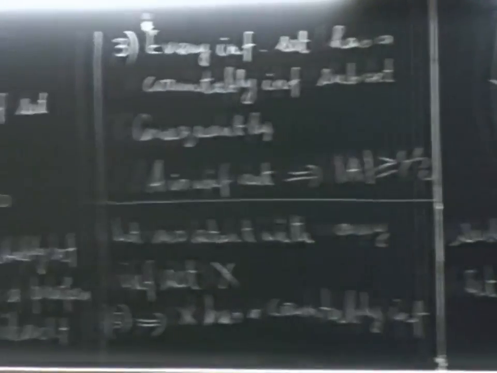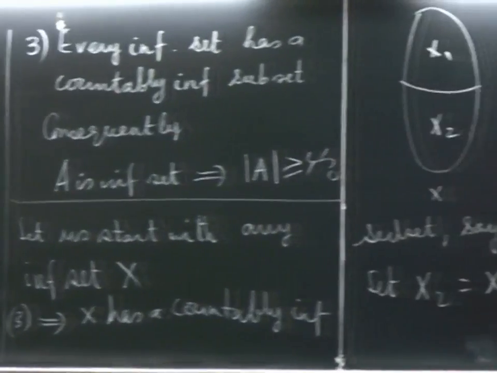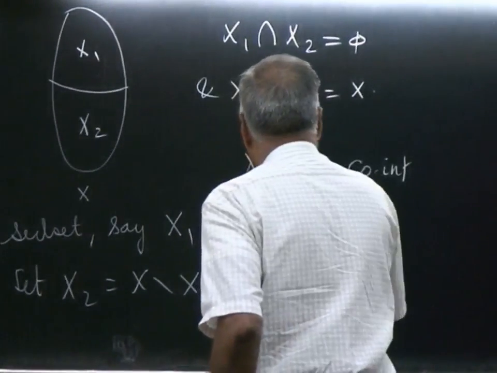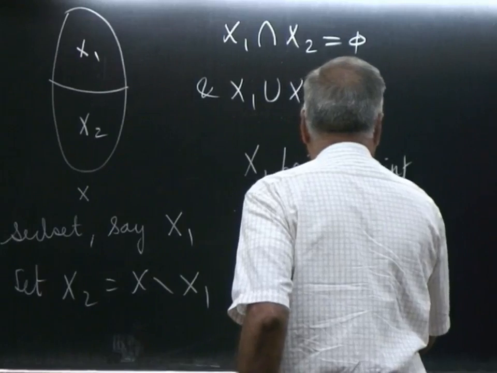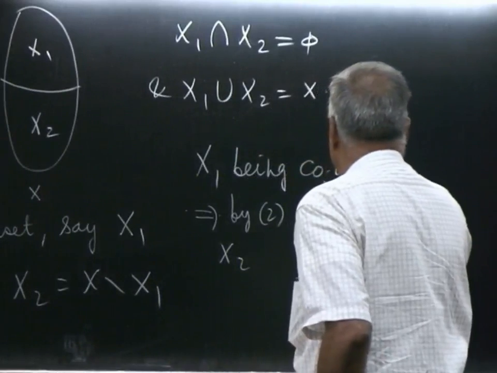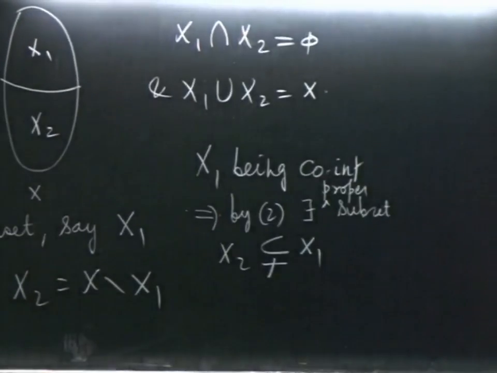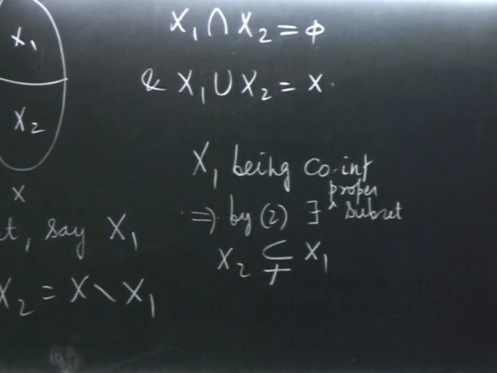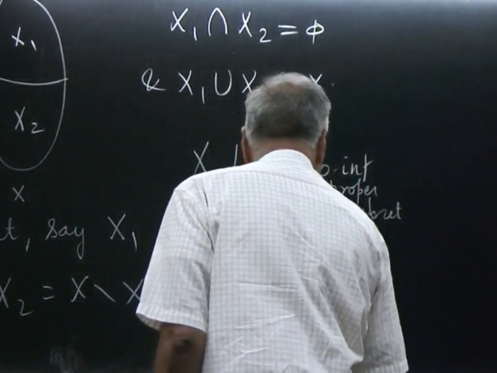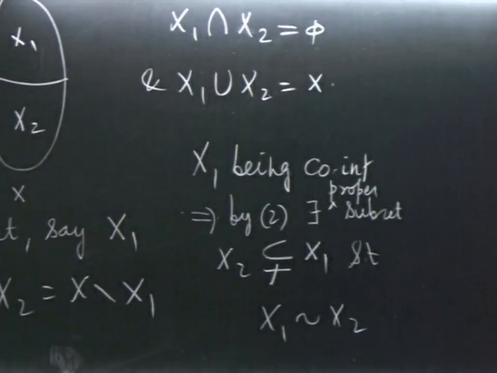So X1 being countably infinite, I will write CON from now on, implies by property 2 there exists a subset, a proper subset of X1, not equal to X1, such that X1 is equivalent to it.